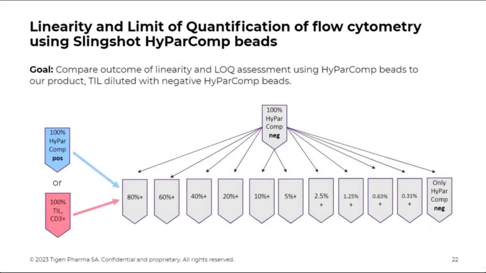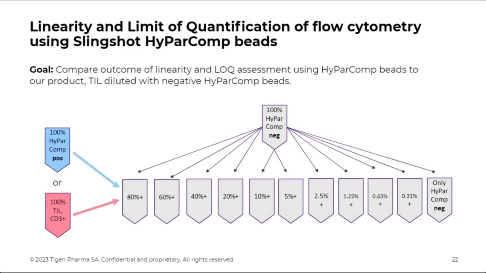So what we did here was that we did this in two ways. First, we had our product, a T cells tumor-infiltrated lymphocyte that was very close to 100%. We had this sample, and then we diluted the 100% cells with the negative hypercomp beads that I call naked beads because they are not binding any antibodies.